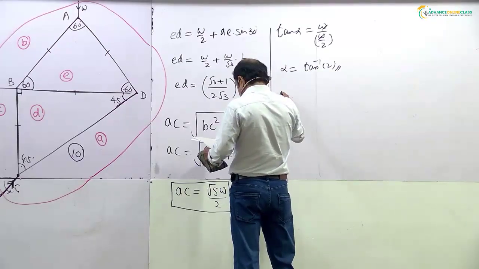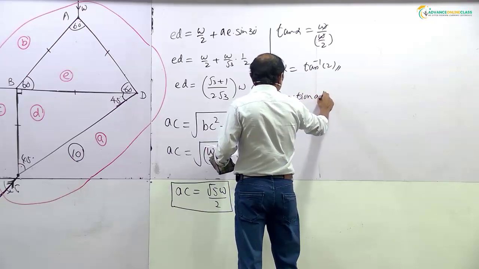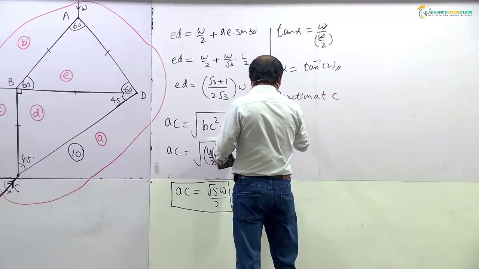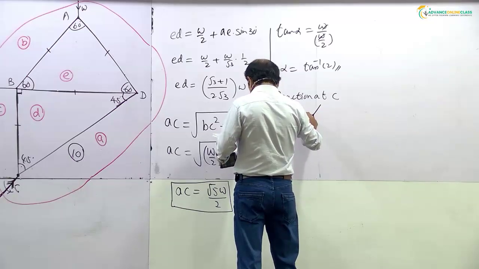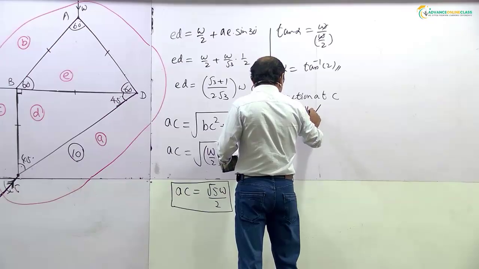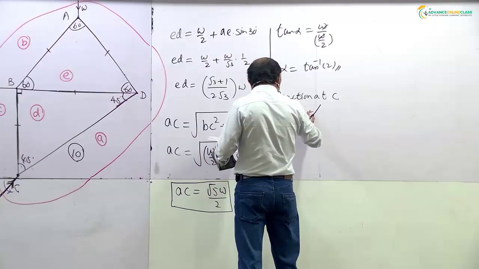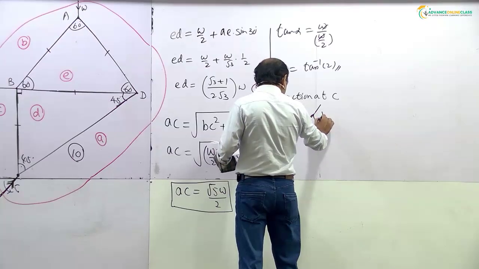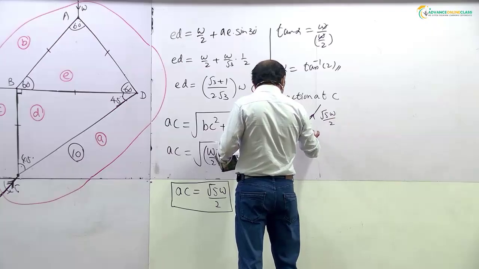So therefore you must write the reaction at C. Reaction at C is root 5 W by 2, right?